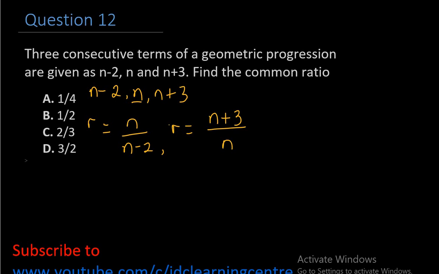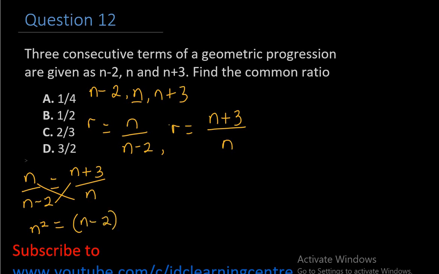Now I can rewrite this as n over n minus 2 equal to n plus 3 over n, cross multiply. n times n will give me n squared equal to, then n minus 2 in brackets times n plus 3. It has to multiply this as well. So n squared equal to, this n times this n will give me n squared.